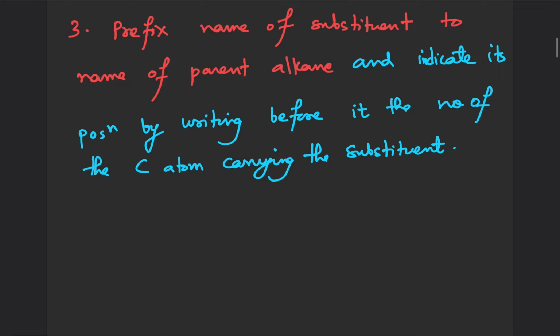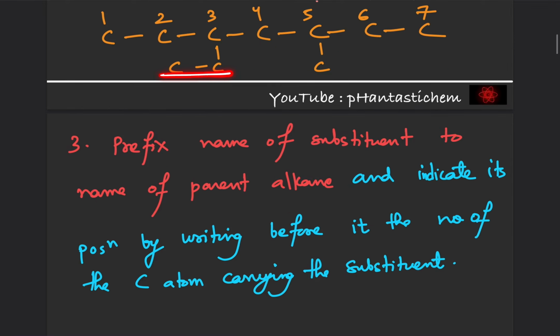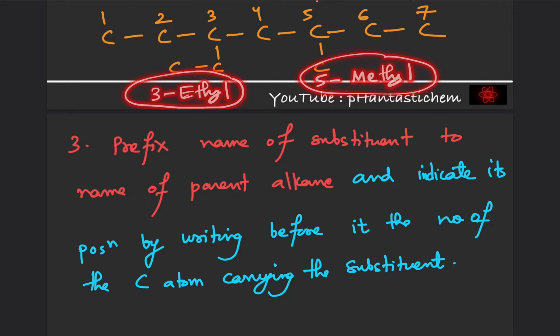And if two or more alkyl groups are present on the parent chain, for example in our case we have two alkyl groups, each alkyl group along with its locant is arranged in alphabetical order before the name of the parent alkane. So once you have identified that you have ethyl and methyl, and placed the locants before them, that is 3-ethyl and 5-methyl, then you have to arrange them alphabetically. So obviously 3-ethyl will come before 5-methyl.